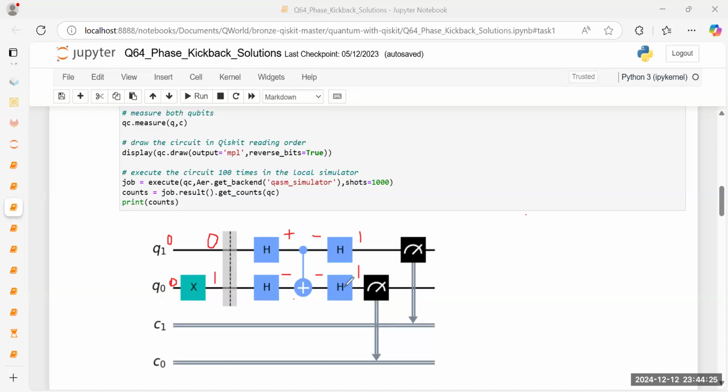But for what's going on here with phase kickback, that is what I was about to move on to explaining. Because you know the plus state here consists of 0 and 1. Even the minus state consists of 0 and 1.